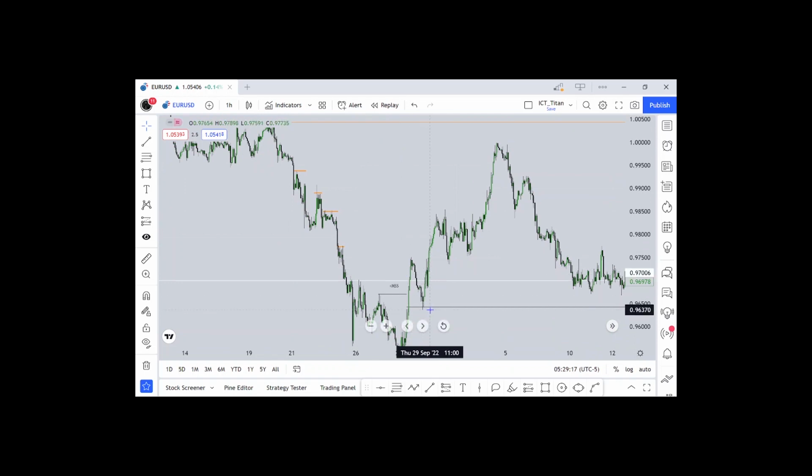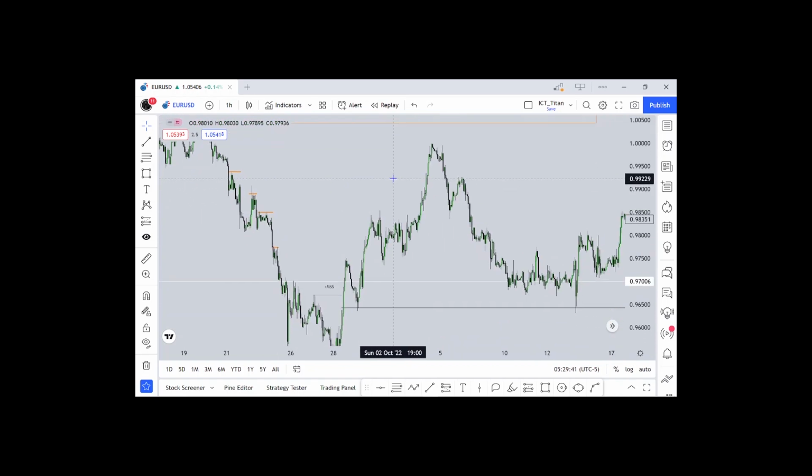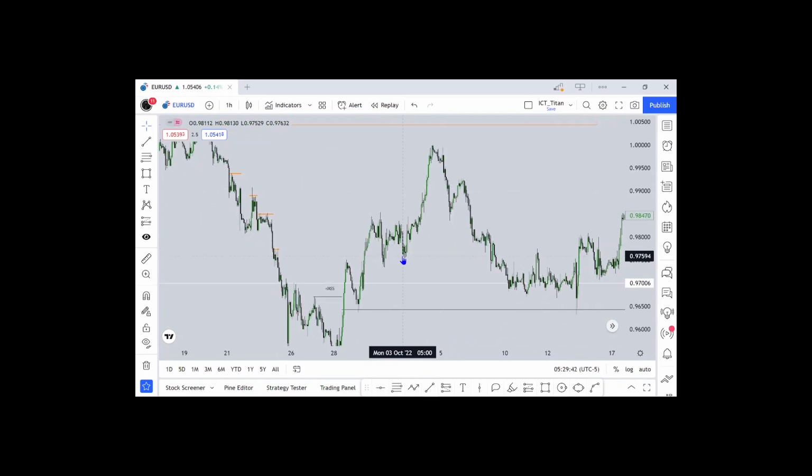So this will be your first entry, taking profit at this particular area. You have profit to this particular area for a targeting area if you're patient enough to wait for it to come to this particular point, depending on which trader you are.